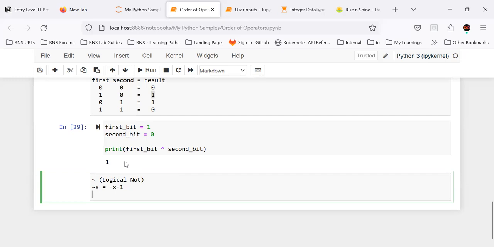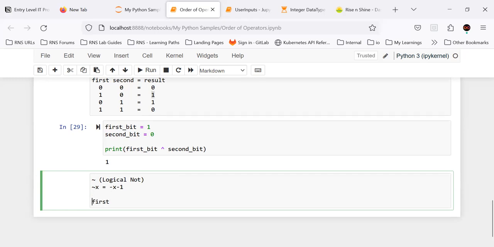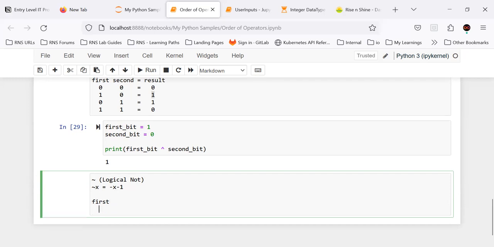Suppose let me take the first number, 0. Then what is the result? Just replace that.